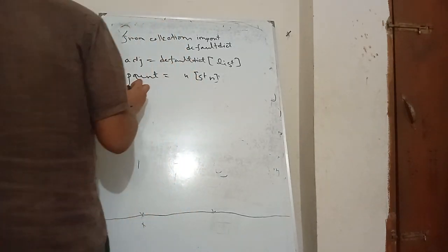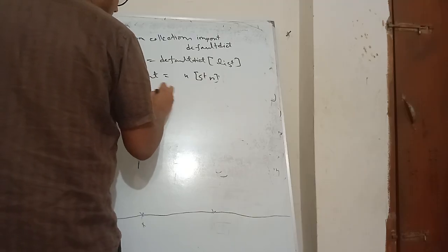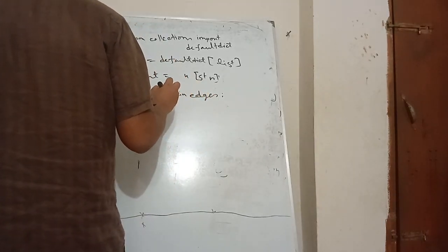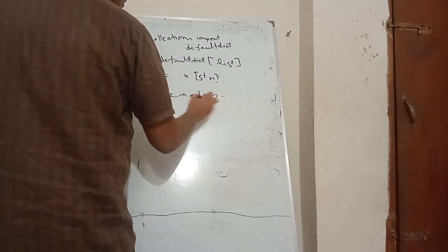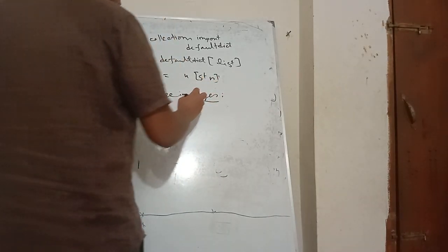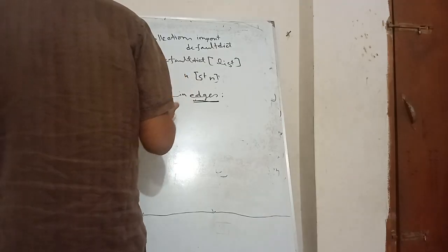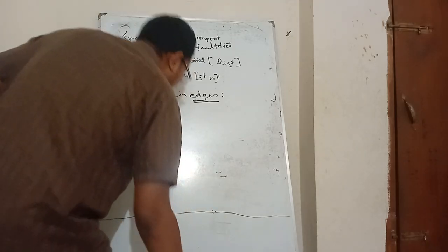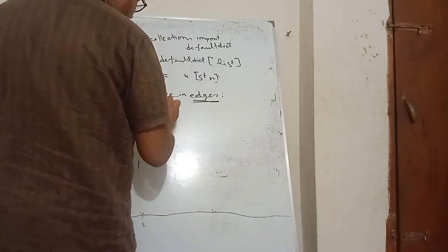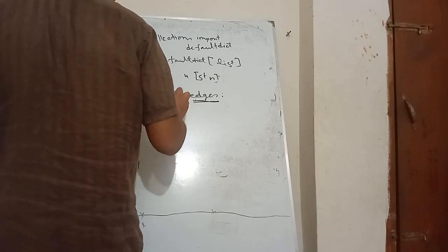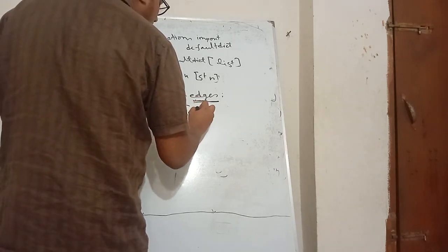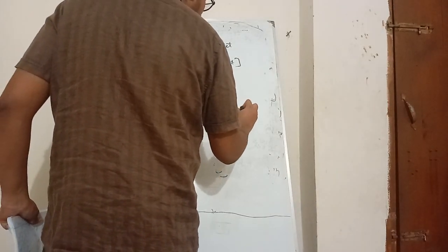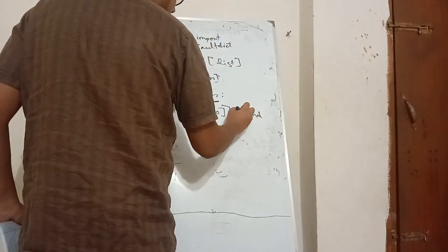Now we build the adjacency list like this. Edges are given to us, it is pre-given. Append.